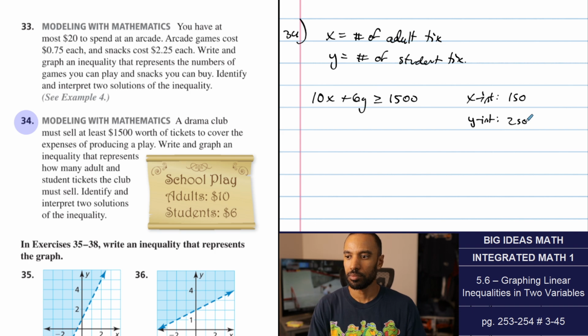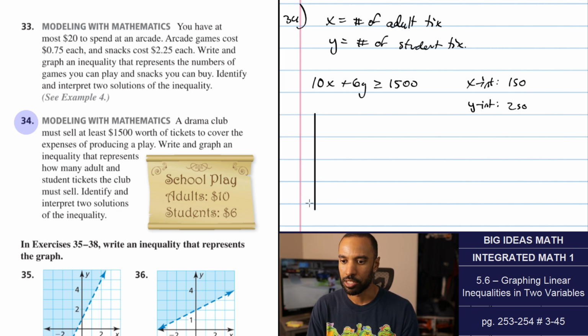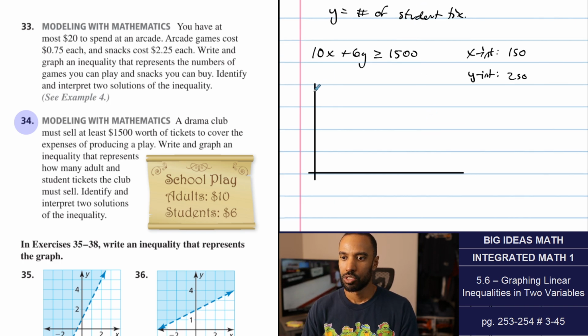So these are our x and y intercepts. If I kind of made up my own graph based off that, it would look like so. This time I'm not going to use a graphing calculator just because I don't have to cheat this time. But it would look like so. We could do 2 and 1.